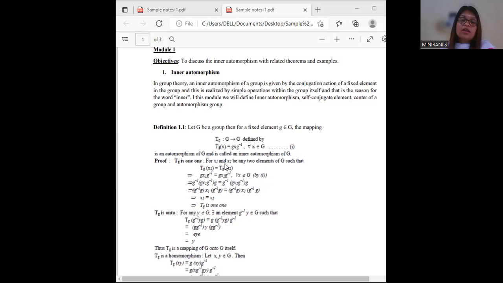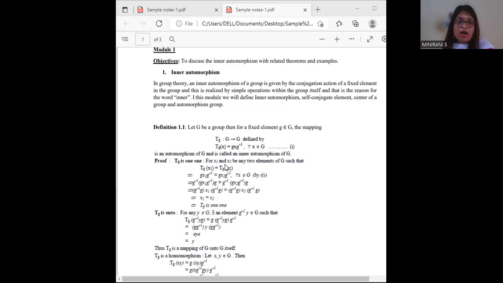As you all know, whenever you have to prove that it is an automorphism, first let us prove it is an isomorphism. Automorphism is nothing but an isomorphism on a group. In order to prove that a function is an isomorphism, we need to prove that the defined function is one-to-one or injective, and it is onto or surjective.